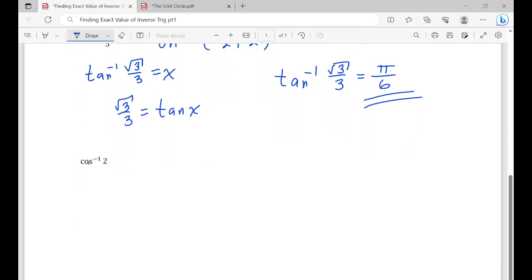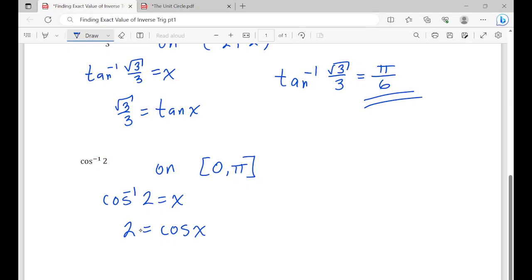Last, we have arc cosine of 2. We know from before this is on the interval 0 to pi. And what is arc cosine of 2 equal to? Not sure. But I'll just set it equal to x and take the cosine of both sides, and I end up with 2 equals cosine x.